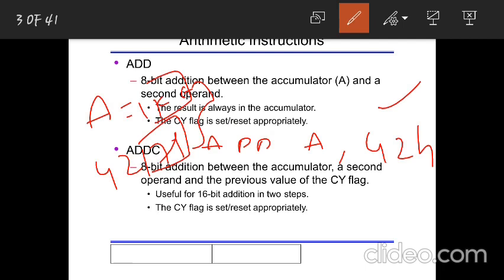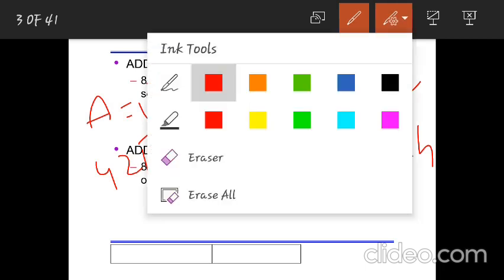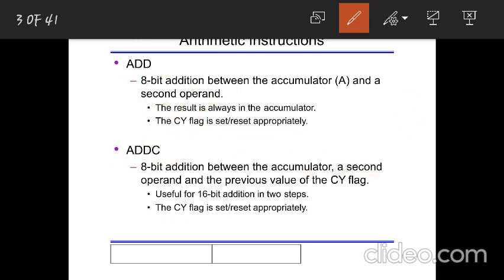So that is the reason I have taken these values. You can take any values you can assume and you can add. So in this 42 location you will get the 75 value, and if you add you will get the same result again. So in this way you can use different addressing modes. These instructions can be used in any addressing mode, but always you should have an accumulator in all arithmetic operations.